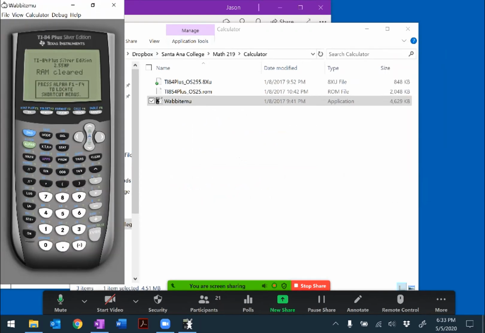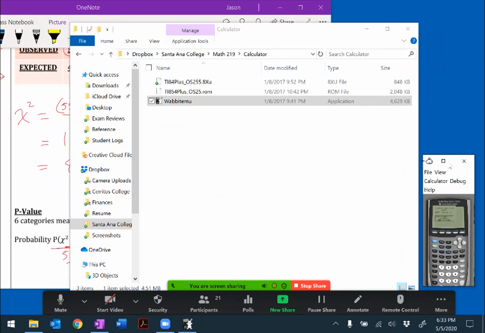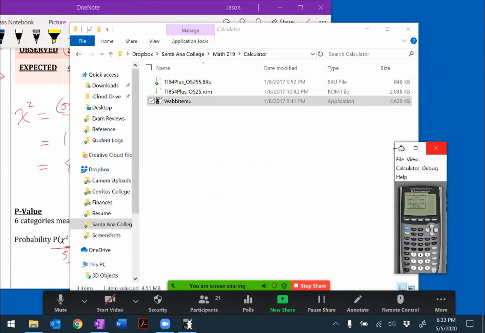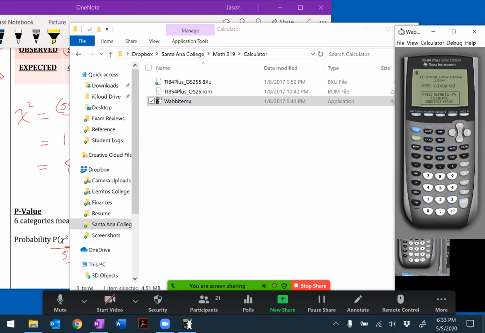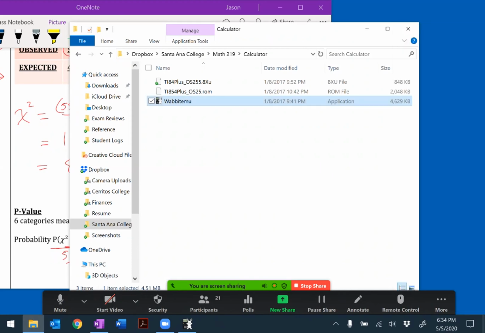Let's make that a little bit bigger. Come on, grow for me. Let's see what happens when I minimize it and maximize it.